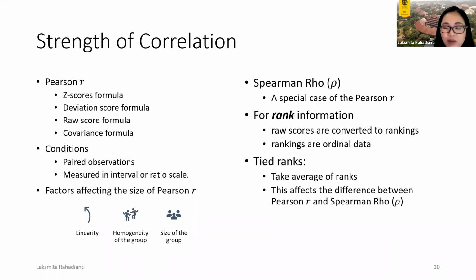So for the factors that will affect the size of Pearson R, it's the linearity, how linear the relation is, the homogeneity of the group, if it's varied or not within the group, as well as the size of the group, because obviously we would probably get a different idea if we only have 5 people and if we have 500 people. However, one thing that does not affect the Pearson R is the magnitude of our scores.